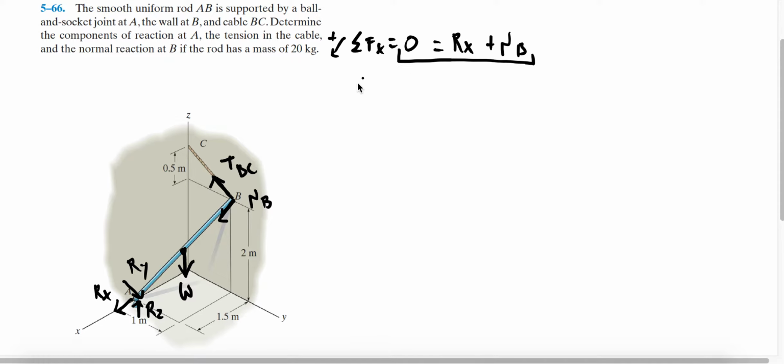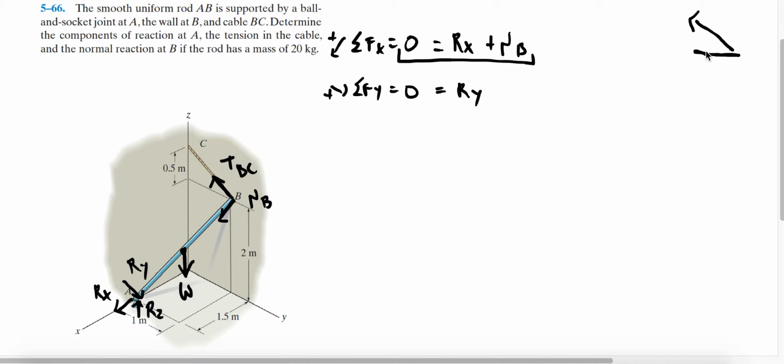Sum of the forces in the y, we have a positive that way, equals 0. Then obviously Ry. We already accounted for NB. TBC is definitely in the y. There's a component there, and to get to that component, we should probably do a little bit of geometry.